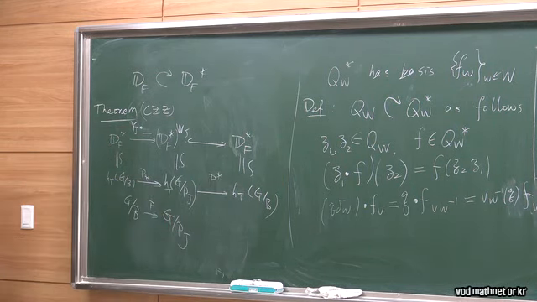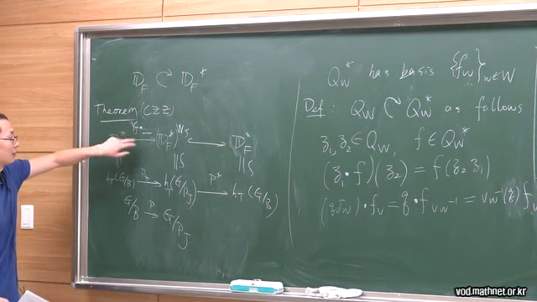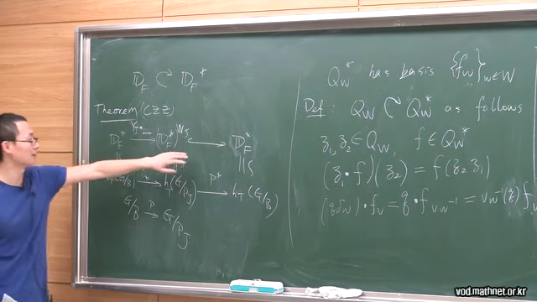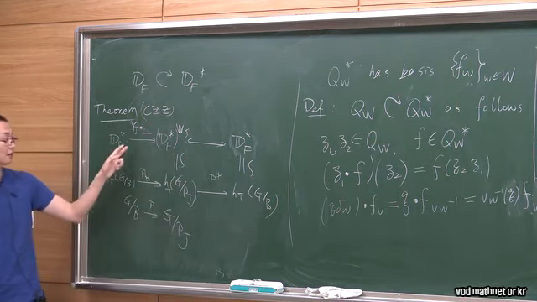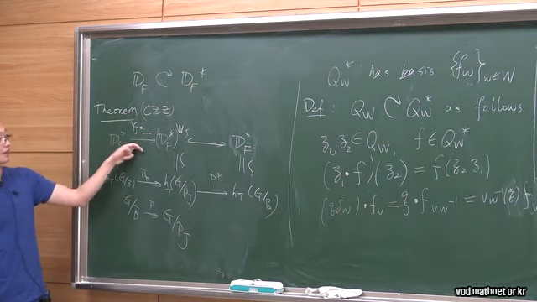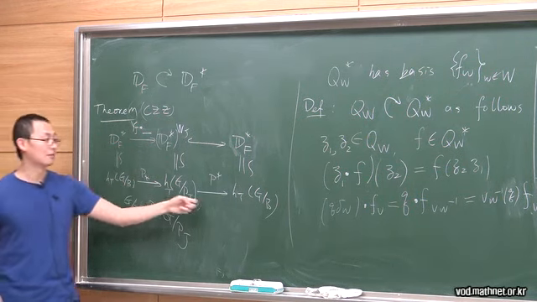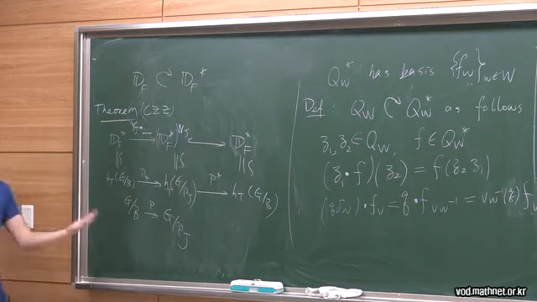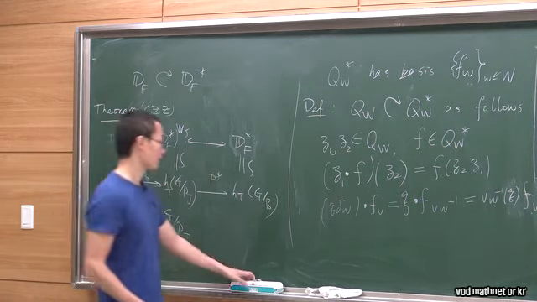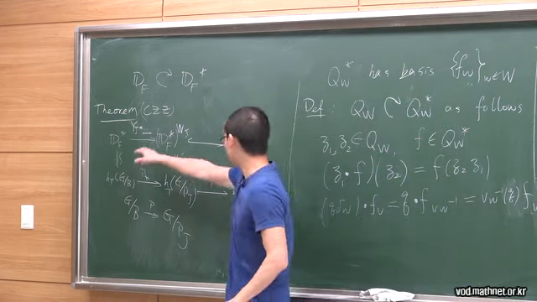Now you have this commutative diagram. The action of Y_j makes this square commute, and this is just the pullback. So the pullback is an embedding. As you can see, this map is not a map of rings, because it is the push forward. But this map is the pullback, so it's a map of rings, and that's the embedding, of course, since it respects the product. Okay. So that's the meaning of this Y_j.